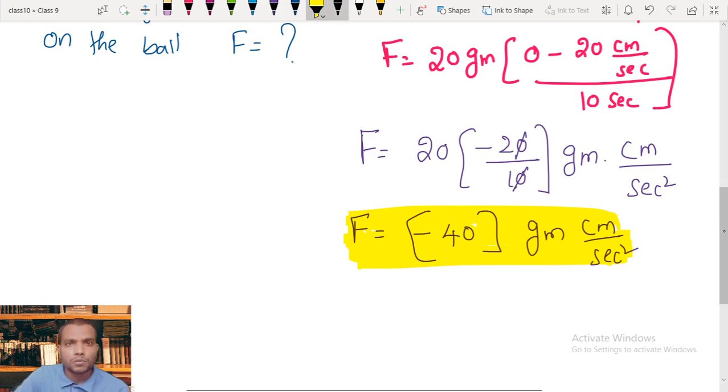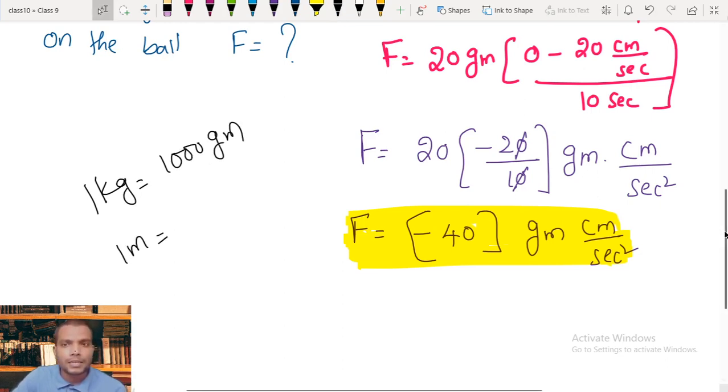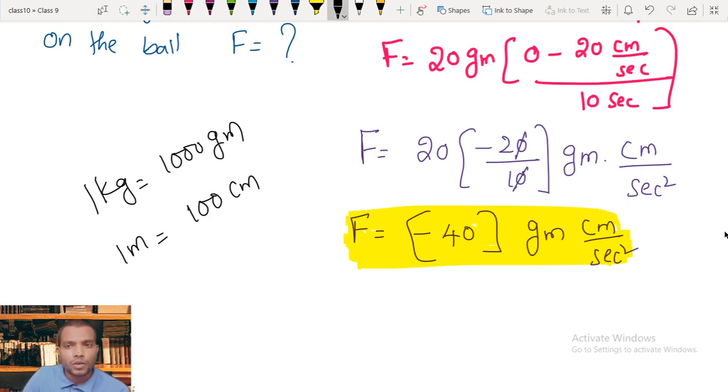I hope you know that: 1 kg contains 1000 grams and 1 meter contains 100 centimeters. I will substitute and leave the calculations to you.